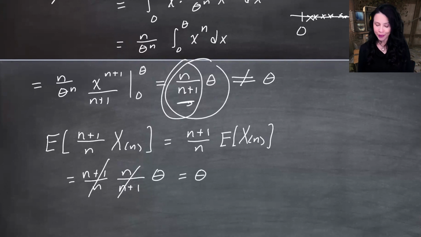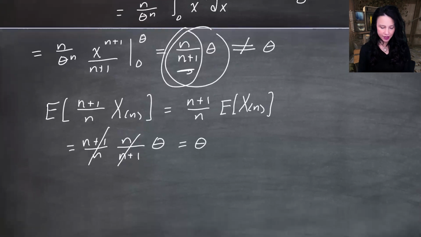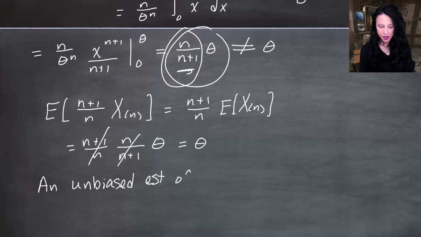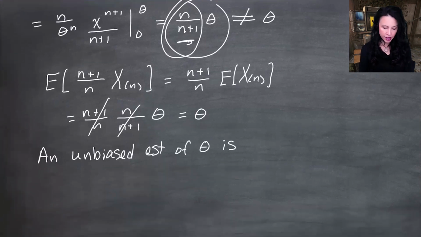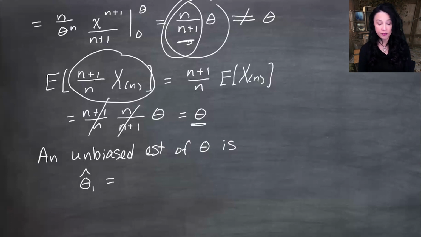So here is an unbiased estimator. And there's many more, but an unbiased estimator of theta is, since I'm going to have another one, I'm going to call it theta 1 hat. And it's going to be this thing whose expected value is theta. So n plus 1 over n times the maximum.